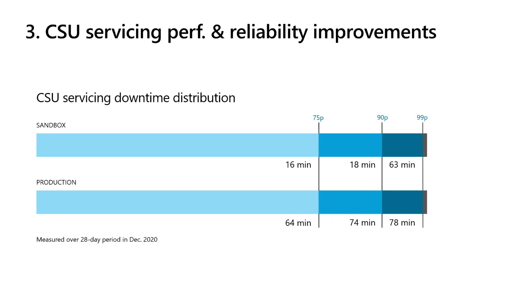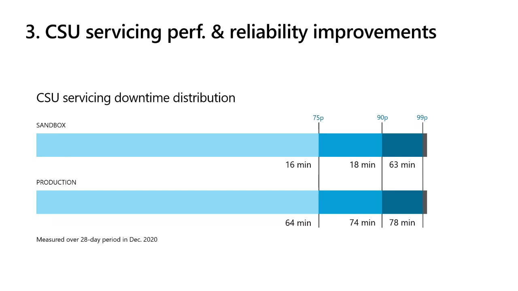And that's another improvement you'll notice: your updates and deployments are much more likely to be successful than before. So our reliability has significantly improved. With those 2 changes and the improvements we're going to be rolling out to production environments, you're going to see considerable improvement to the lifecycle experience of CSU deployment and servicing.